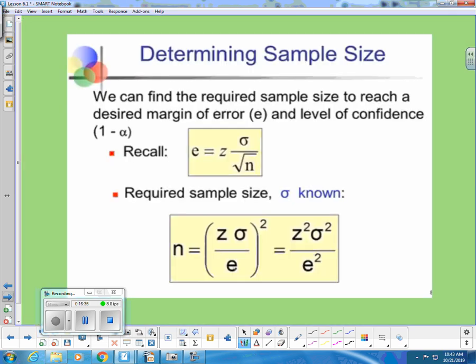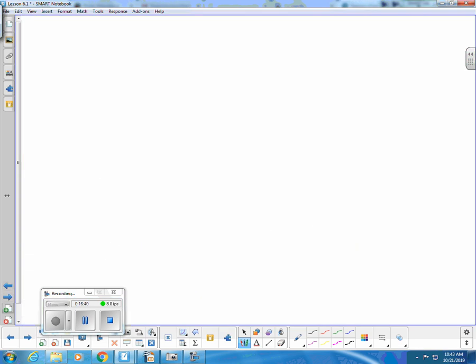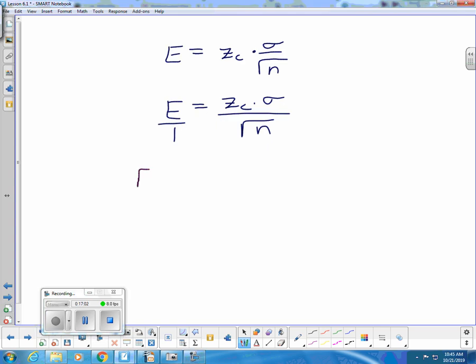Okay. Determining the sample size. Because we have all passed algebra 2, get the n by itself. Solve for n. Take a minute, do your algebra steps, and get n by itself. If I cross multiply, I have this, yes?